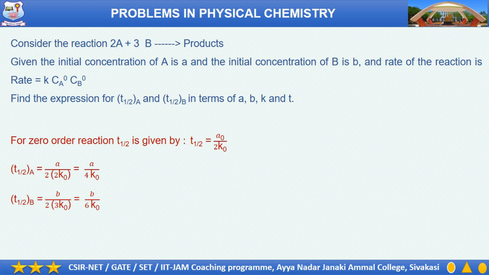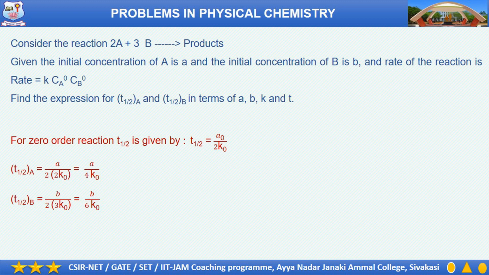t half of A is equal to A naught divided by 2 K naught, but K naught should be replaced by the stoichiometry 2 K naught, therefore it is equal to A by 4 K naught.